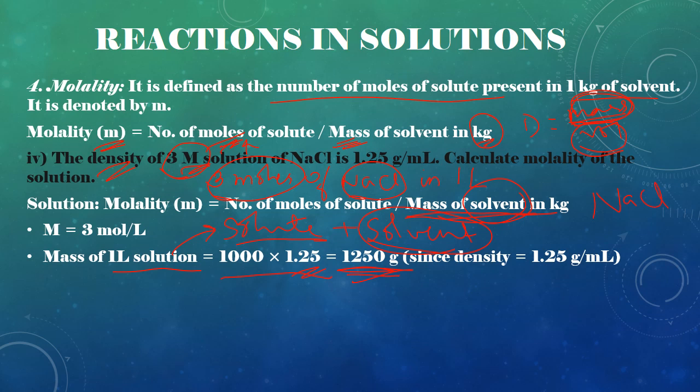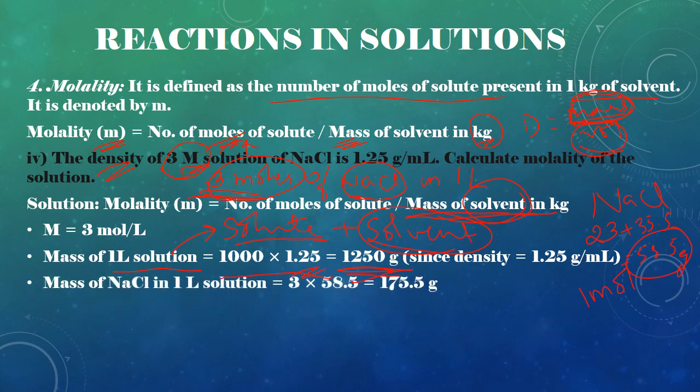1 mole of NaCl has a mass of 23 plus 35.5. That comes to 58.5. So 58.5 grams is 1 mole. And here we have 3 moles. So 3 moles of NaCl will be 3 into 58.5. That is 175.5. Solution minus solute will give us the solvent.